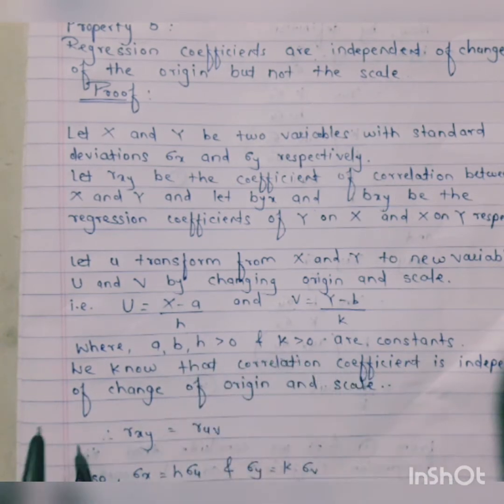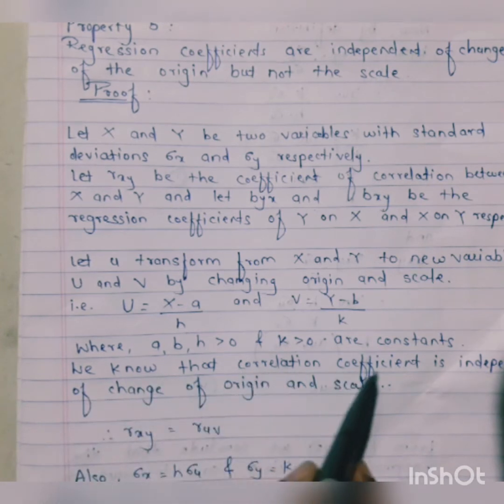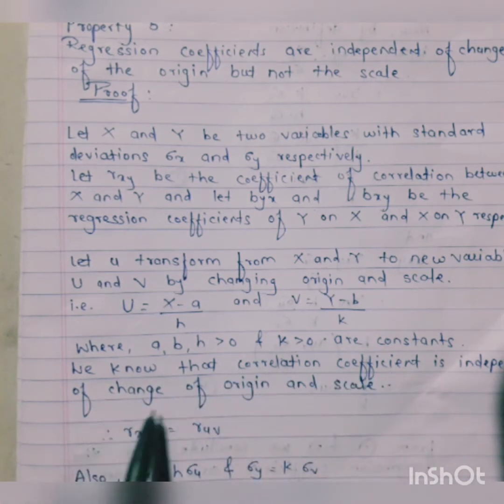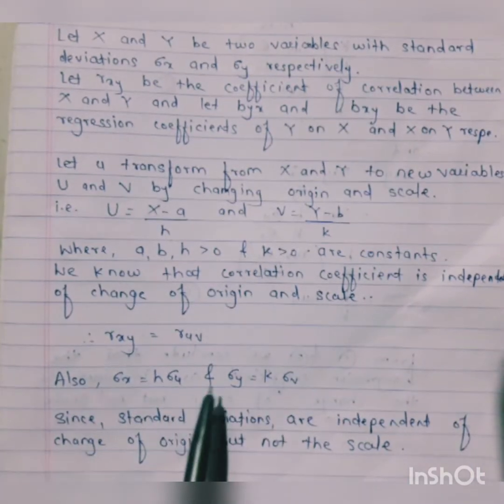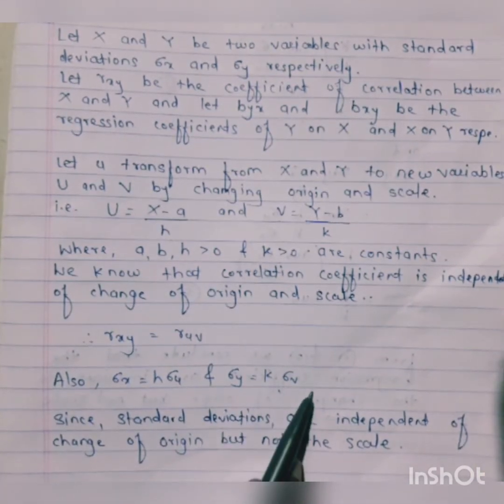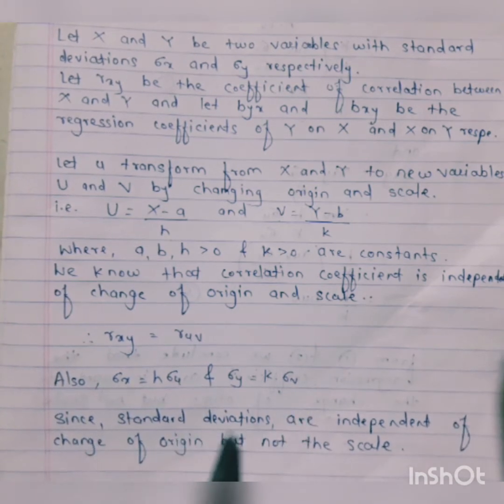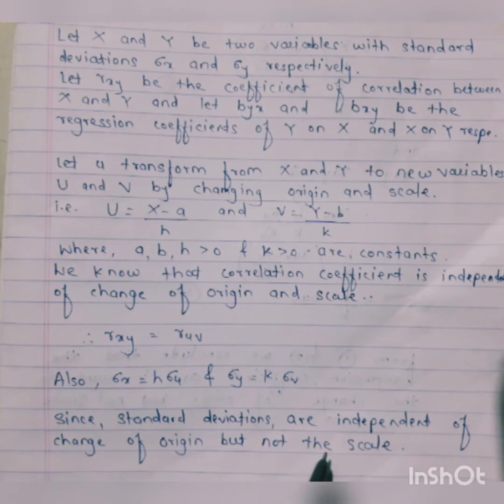We know that the correlation coefficient is independent of change of origin and scale. Therefore rxy is equal to ruv. And also sigma x is equal to h into sigma u and sigma y is equal to k into sigma v, since standard deviations are independent of change of origin but not of scale.